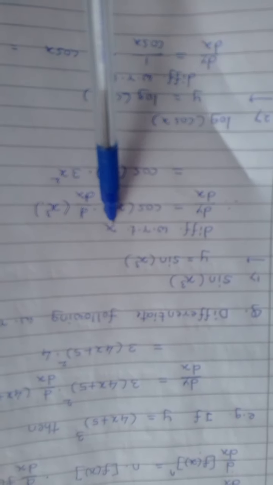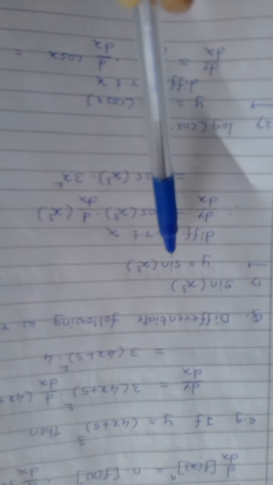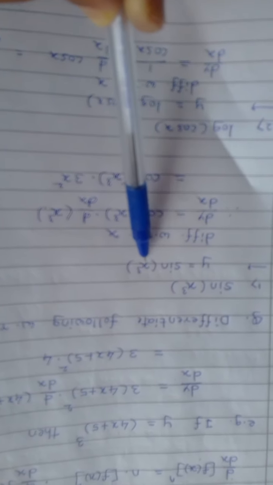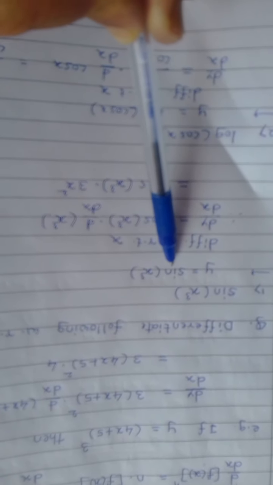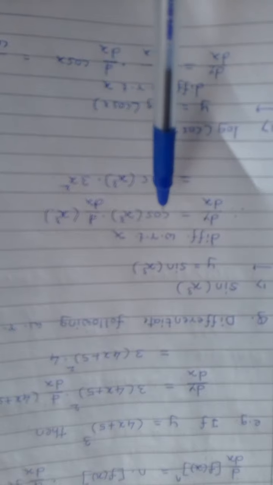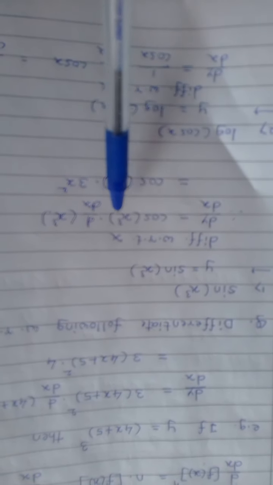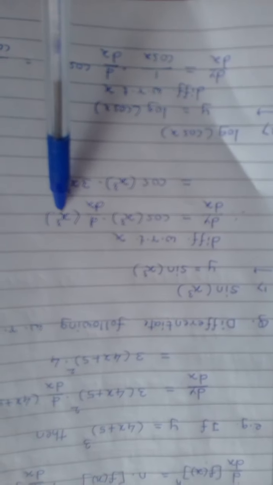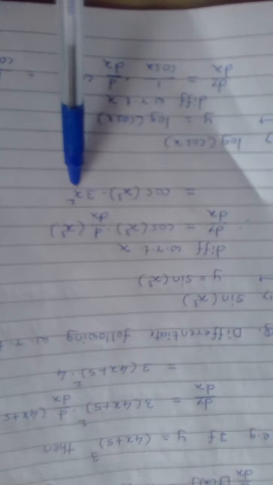Differentiate with respect to x, therefore dy by dx will be, see here, the standard function is sine, and we know the derivative of sine x is cos x. Therefore the derivative becomes cos of x cube into d by dx of x cube, and the derivative of x cube is 3x square.